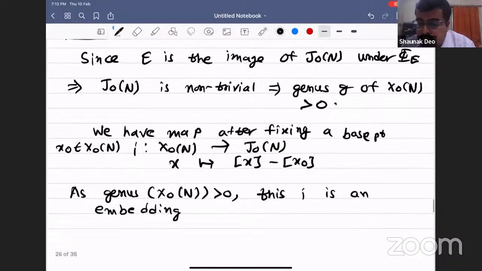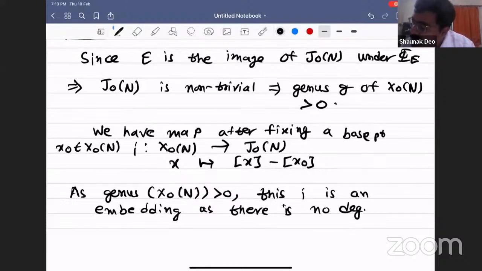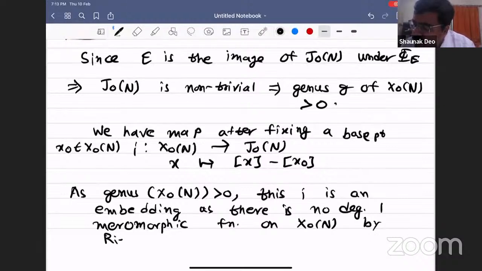So I is an embedding, as there is no degree 1 meromorphic function on X naught of n by the Riemann-Hurwitz formula.